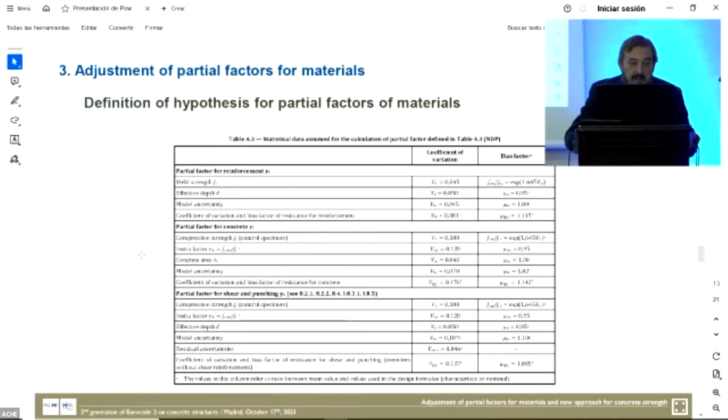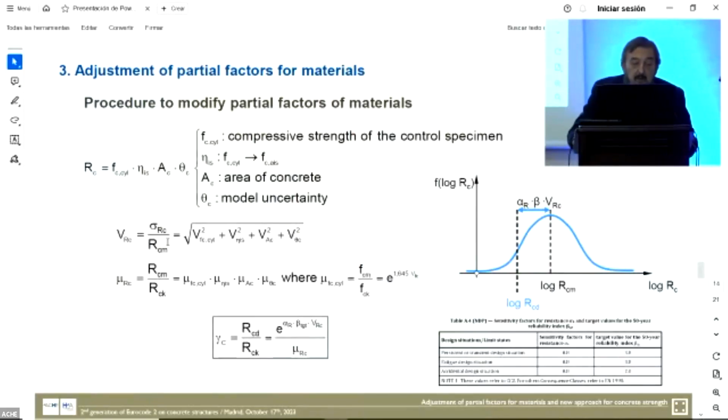So if we have different values, the resistance RC of any element of compressed concrete is given by this product: the compressive strength of the control specimen, the conversion coefficient eta IS, the element of concrete, and the model uncertainty.